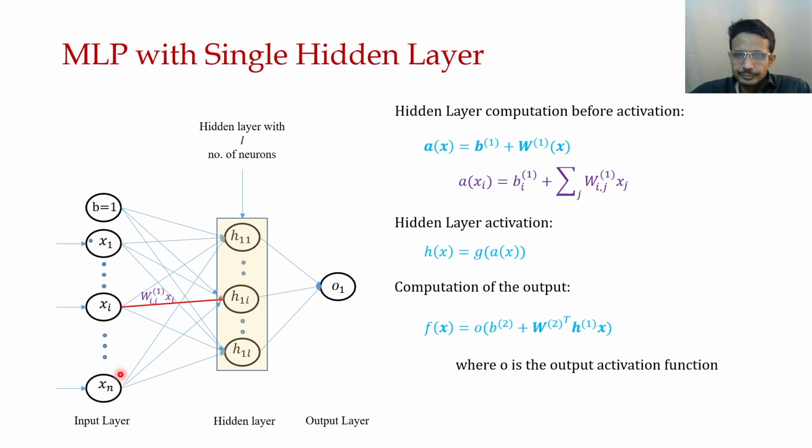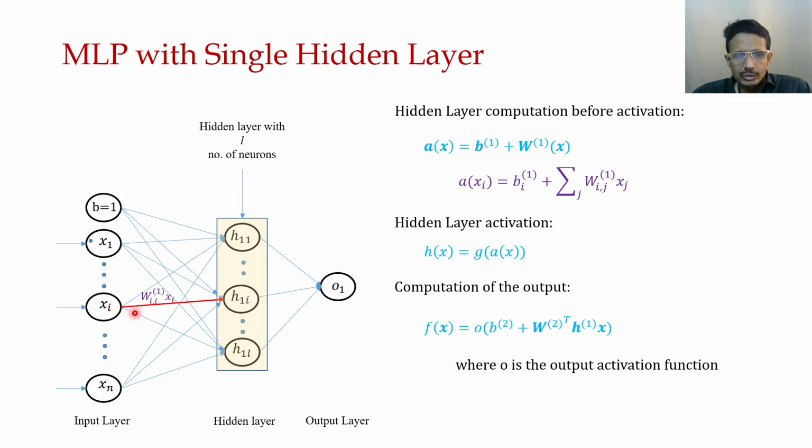If you see the corresponding algebraic meaning of these matrix formulations, you can say a(x)_i for a particular neuron here or here, and this is the bias term, and this is the corresponding w_ij. w_ij means from this neuron i to the jth neuron.